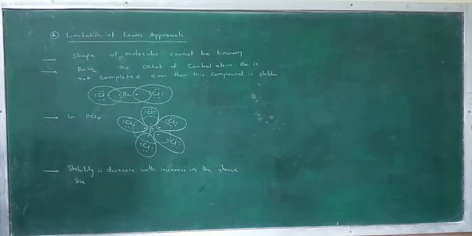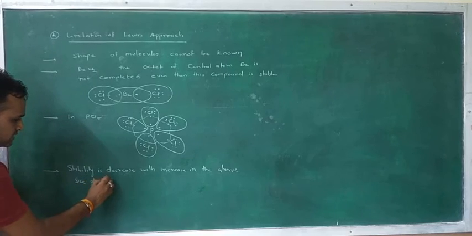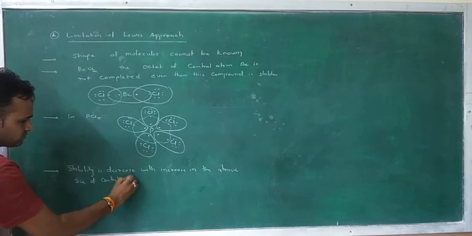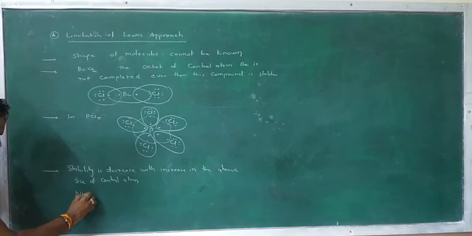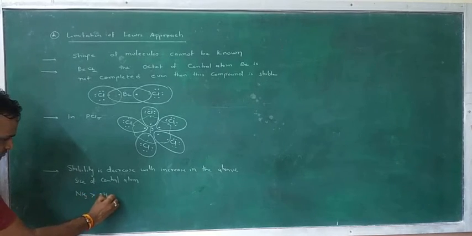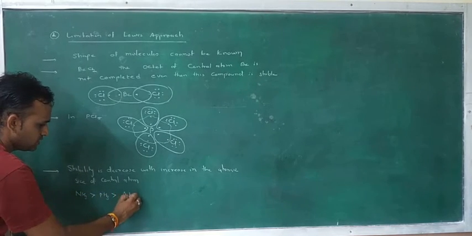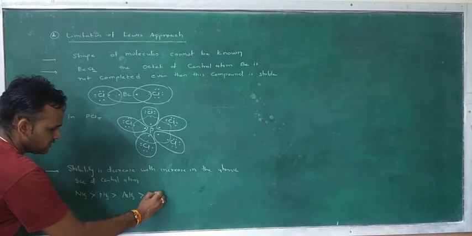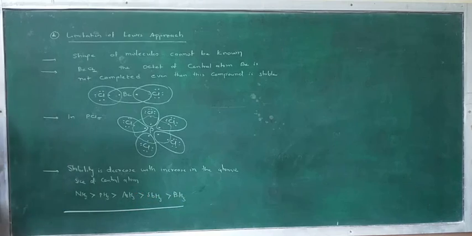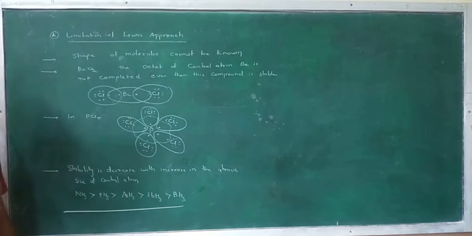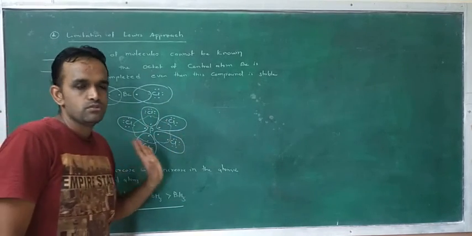If the atomic size increases, then the stability of the central atom will decrease. For example, NH3, then PH3, AsH3, SbH3 and BiH3. So this is the order of stability. Understand? So all these things you have to know.